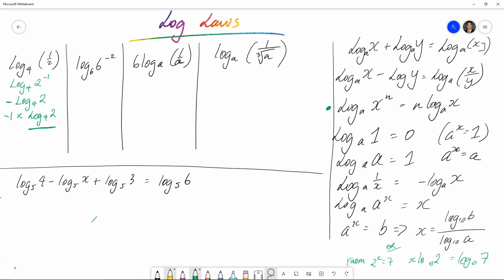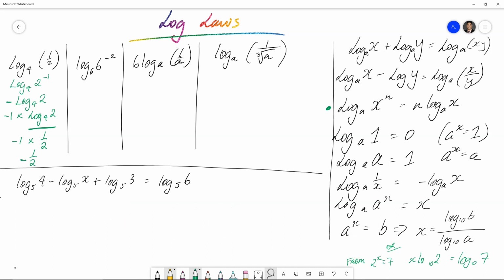If I was just to write here, 4 to the power of what is equal to 2, then this answer should be a half, because the square root of 4 is equal to 2. Okay, so if log base 4 of 2 is equal to a half, and we're multiplying it by minus 1, which is our coefficient, then our answer is negative half.